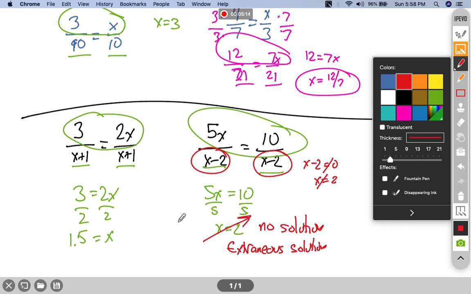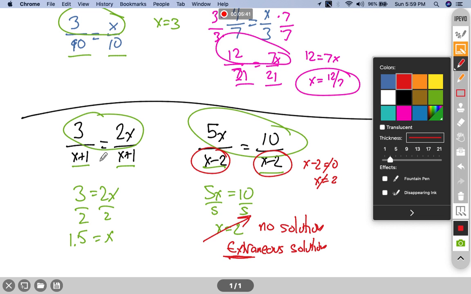Gotta be careful. It's the wrong solution, not because I plug in 2 and this doesn't make this true. It's because that makes the denominator 0 and I can't do that. So that's an extra solution that comes out of this idea of, hey, I'm ignoring the denominator, just working with the numerators, but I gotta keep in mind I can't make my denominator 0. So that's one thing we have to be careful of.